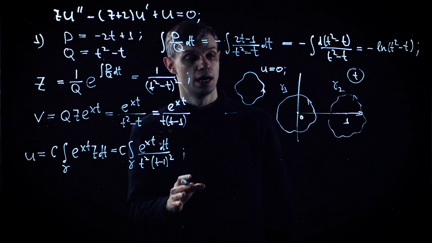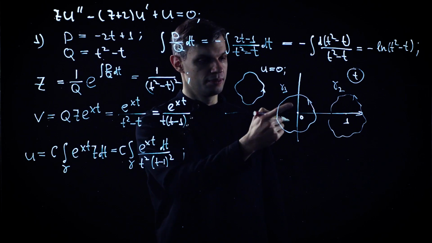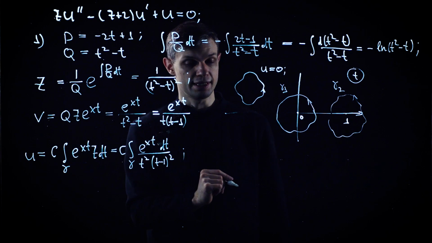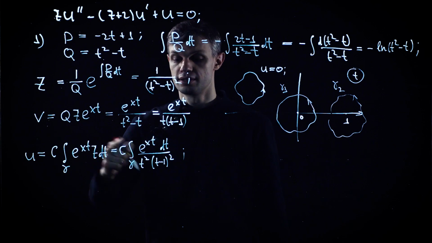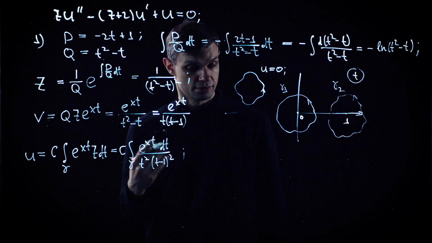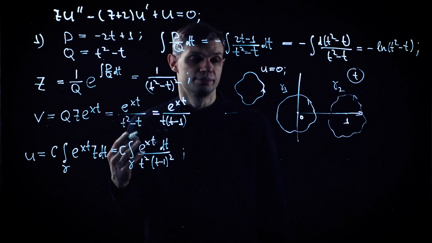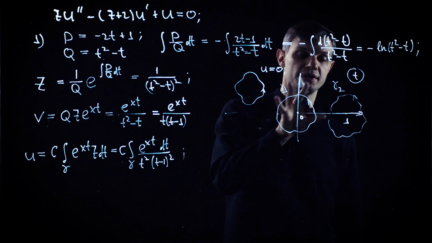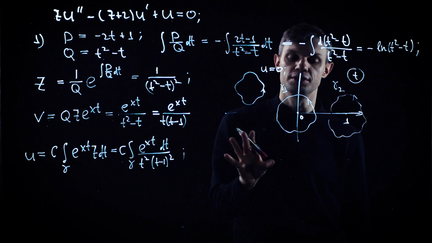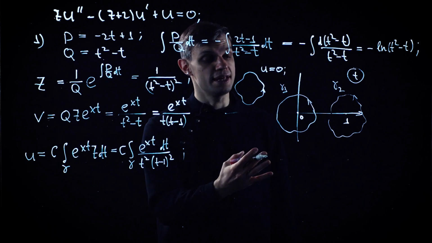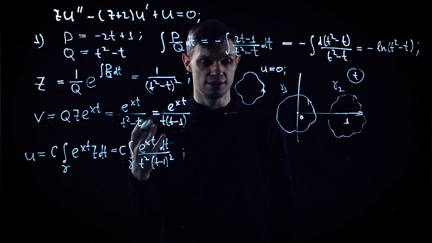Since each of these contours contains a pole inside it, the integral which defines the solution is not going to be equal to 0. So it defines some non-trivial solution. And both of these contours can't be smoothly deformed into one another. That means that they define two linearly independent solutions.